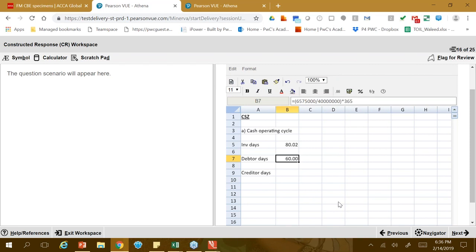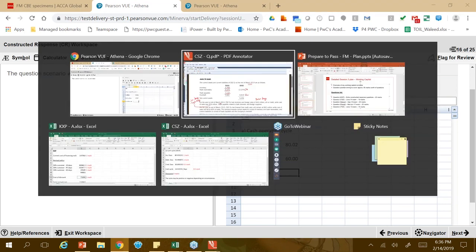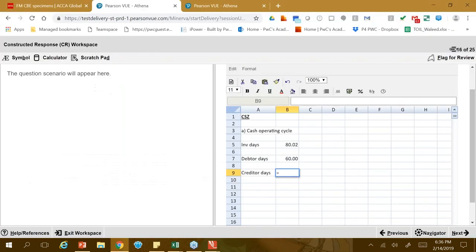And then finally, our creditor days: the trade payables 2,137,000 over the cost of sales, which were 26 million, into the 365. That gives us the creditor days, which come out to be 30.